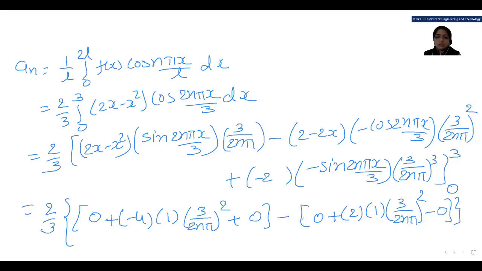So this is the upper limit and lower limit. So after simplification, if I take 3 upon 2n pi whole square common, my remaining term is minus 4 minus 2. So here 2 by 3, 3 upon 2n pi whole square I get common. So remaining term is minus 4 minus 2.